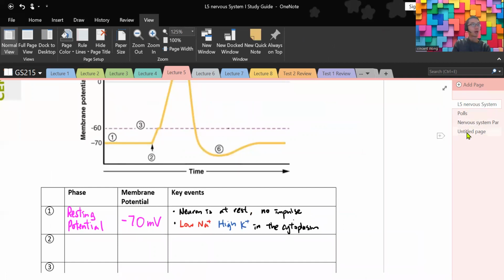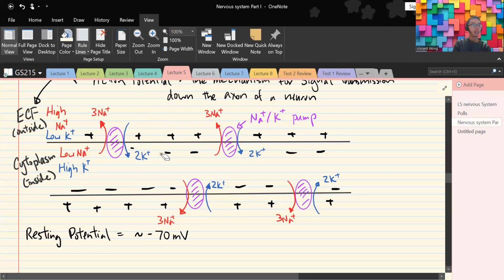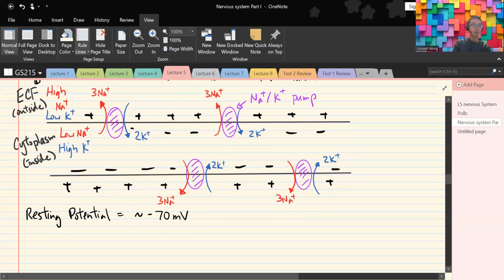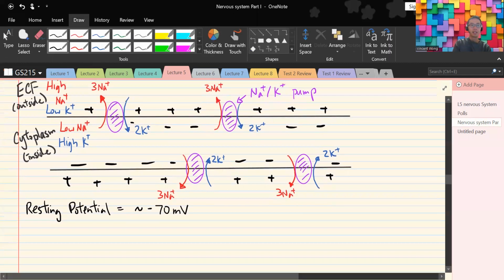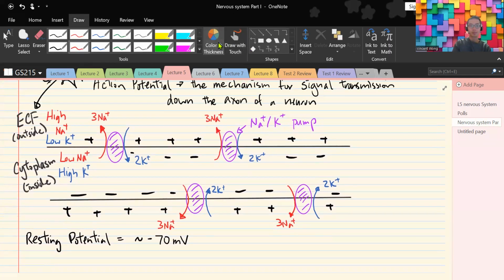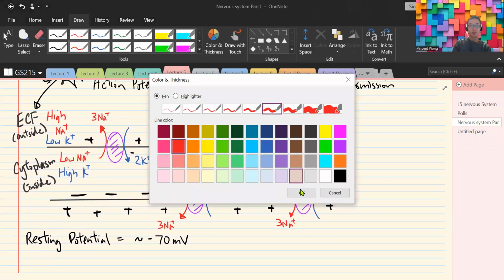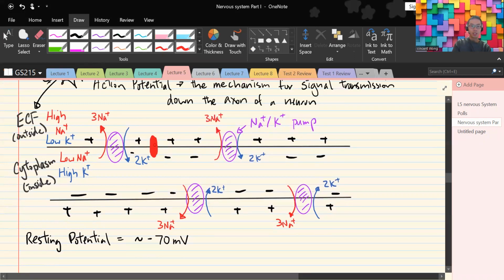I'm going to go back to our picture. In addition to all these sodium potassium pumps, we will also have these channels. You will have sodium channels that are closed right now.